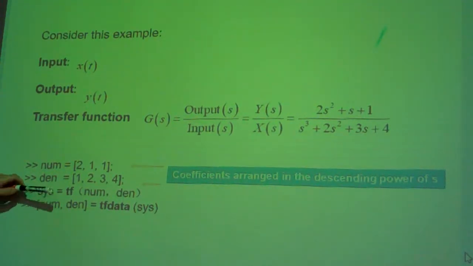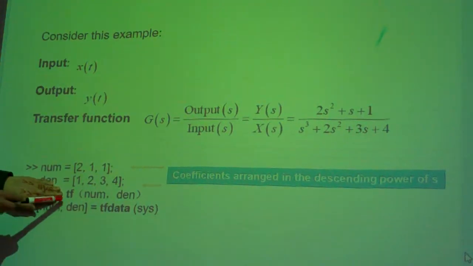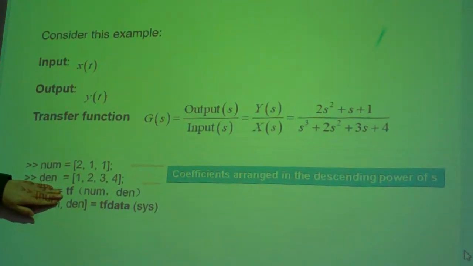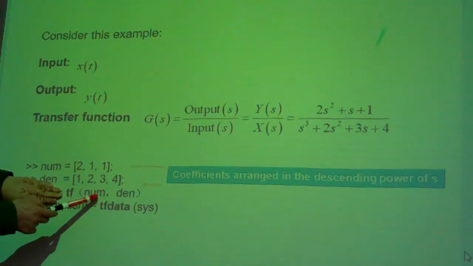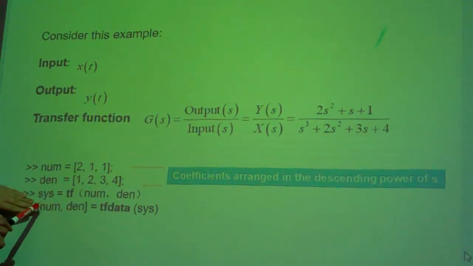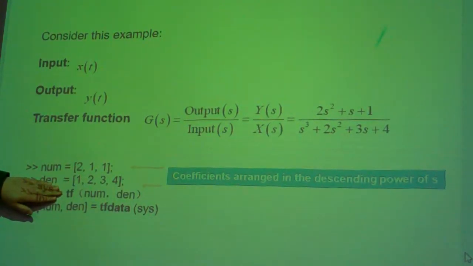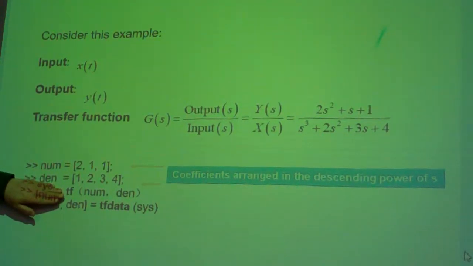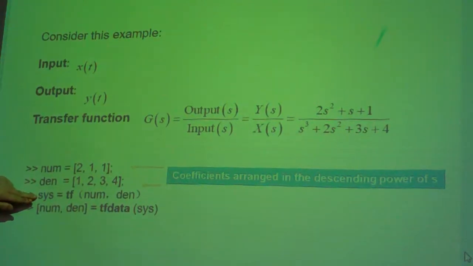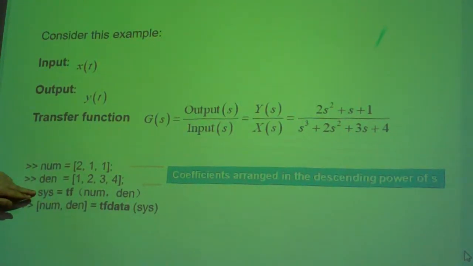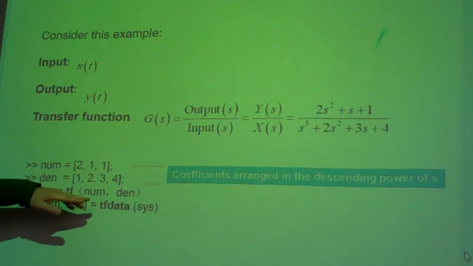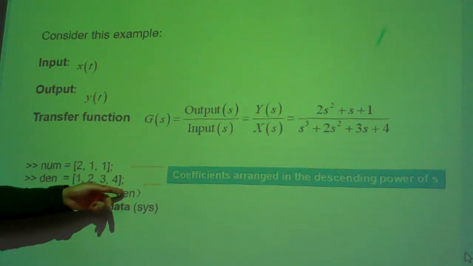And then you simply use tf. tf means transfer function. The tf command takes the information you put in, and the computer memorizes this particular transfer function under the name you gave it yourself. You can have any name you like. Once you type it in, you hit return.